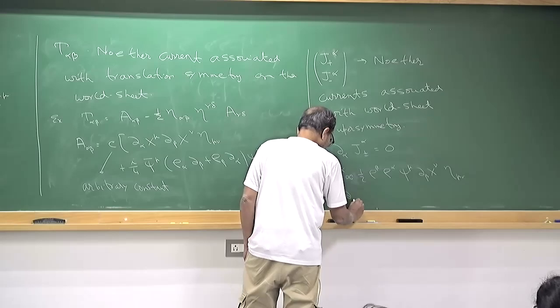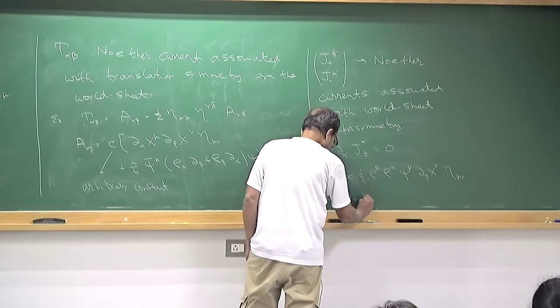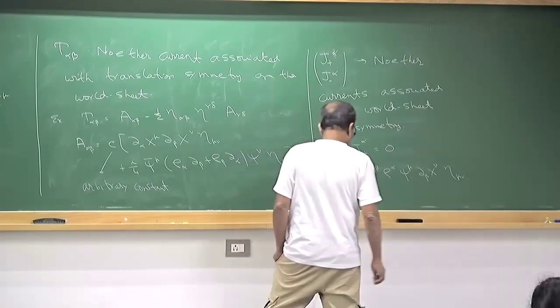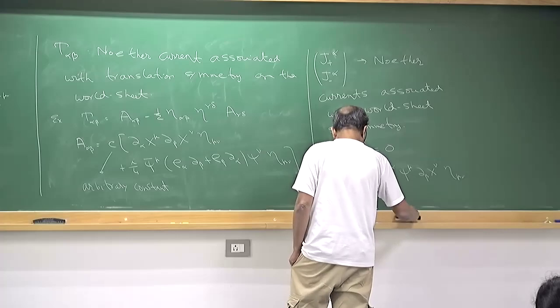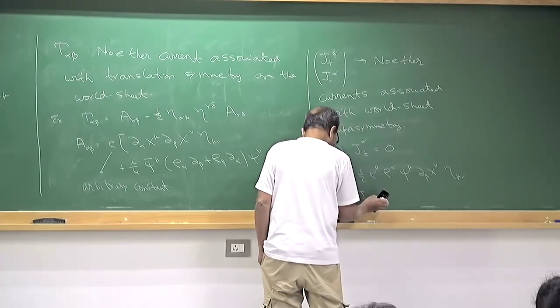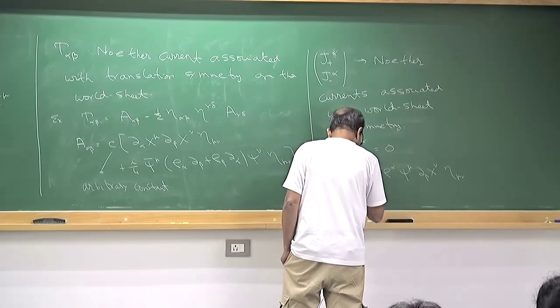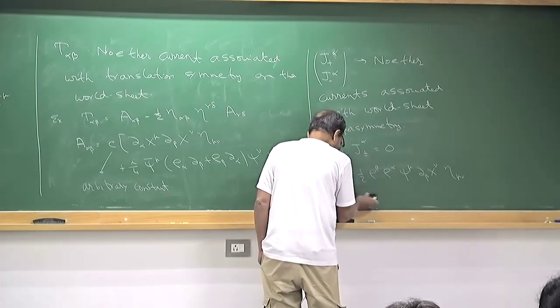Okay. And exercise: del V of J plus. So basically the statement is that J plus is analytic. Maybe this I'll come back to later.